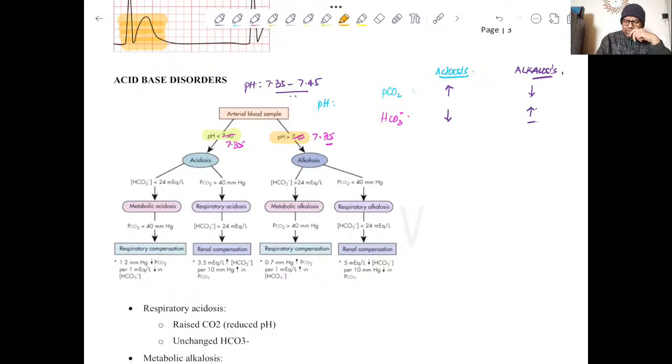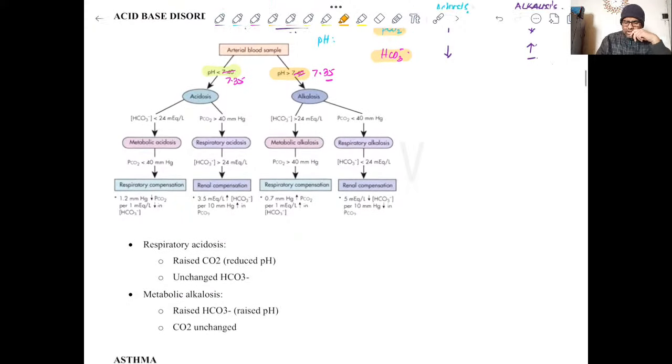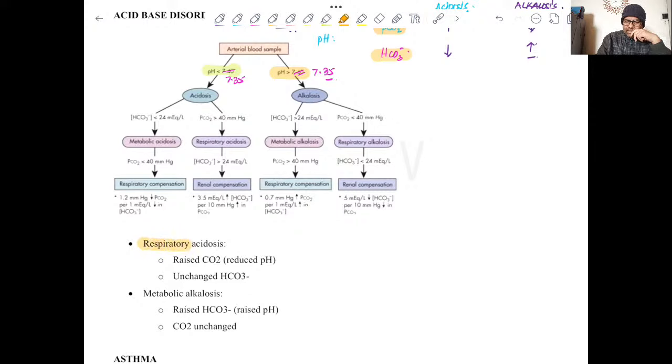Simple, just game of PCO2 or bicarbonate. So if I say respiratory acidosis, now acidosis means pH less than 7.35, one thing, and when we are using the word respiratory, it means the PCO2 is high and bicarbonate is normal here. Clear?